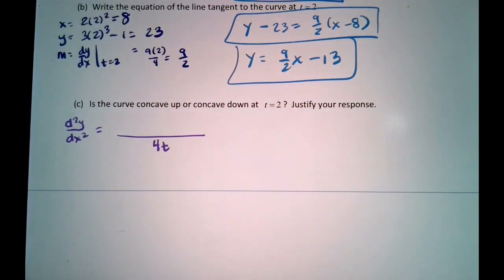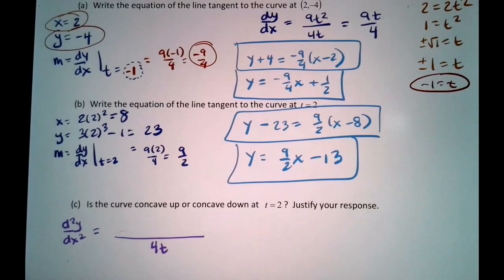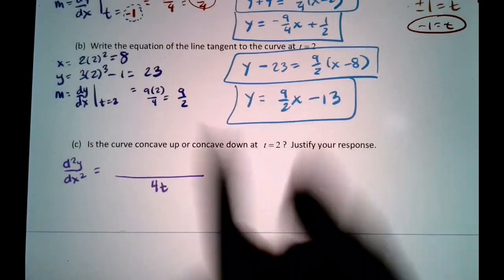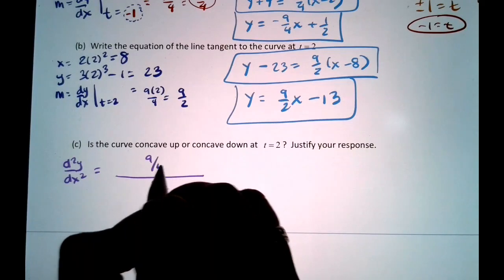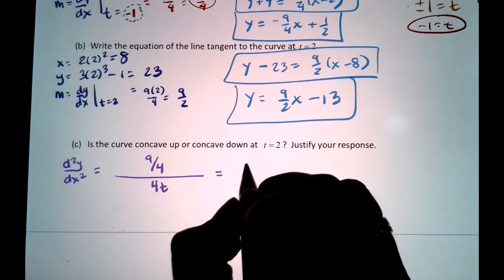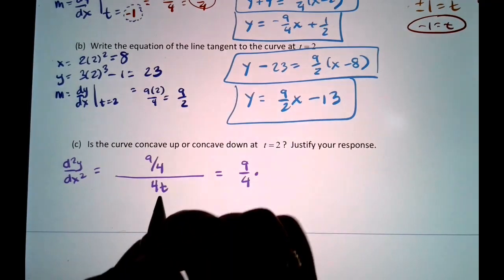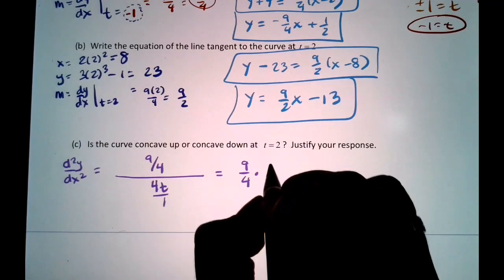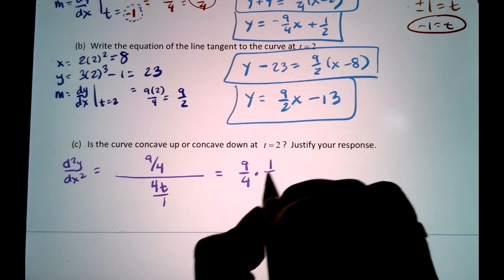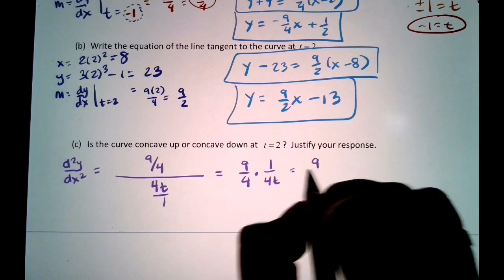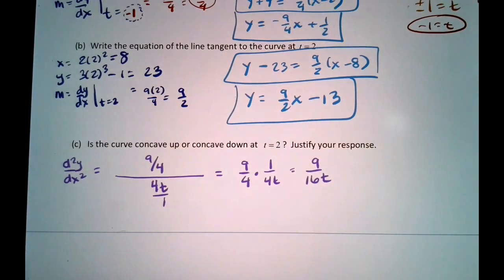In the numerator is where you're going to say, hey, just take the derivative of the first derivative. The first derivative was 9t over 4. So that derivative is 9/4. Now, I am going to take the top fraction and multiply by the flip of the bottom fraction. That is your second derivative.